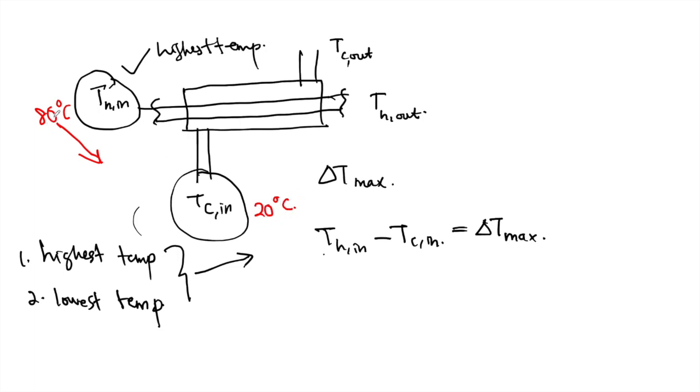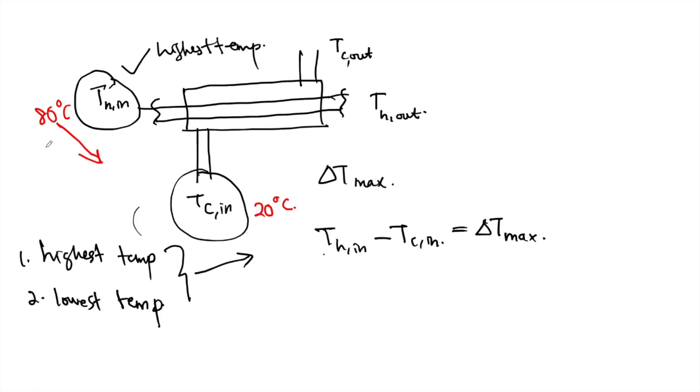So 80 degrees Celsius can drop to a maximum of 20 degrees Celsius. It will not drop to, for example, 17 degrees Celsius, because the lowest temperature in this system is 20 degrees Celsius.